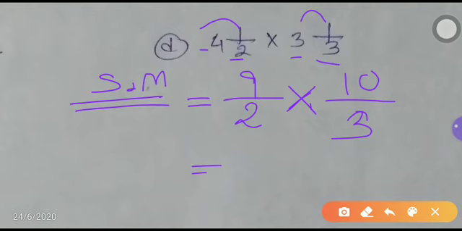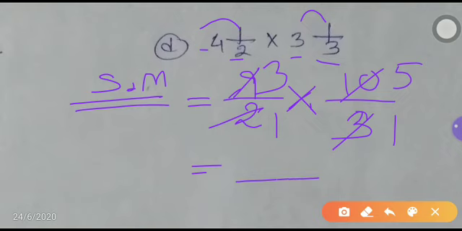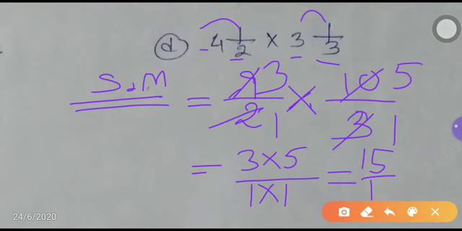Here by 3, 3 1s are 3 and 3 3s are 9. By 2, 2 1s are 2 and 2 5s are 10. So no common factor is there now. So 3 into 5 in the numerator and 1 into 1 in the denominator. So 15 by 1 equal to 15.